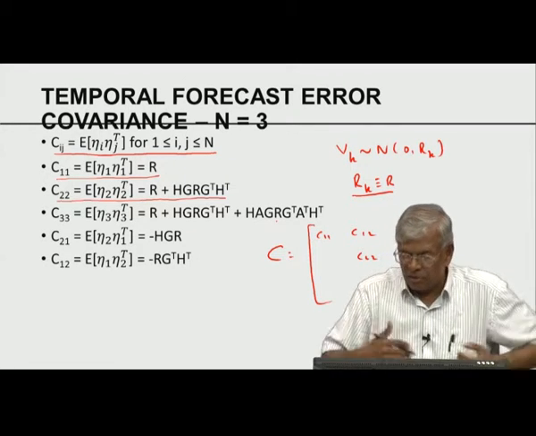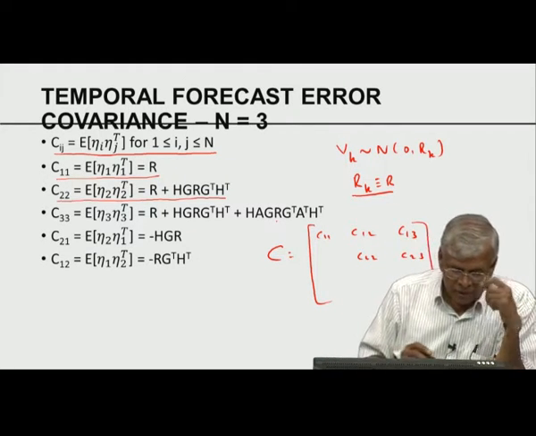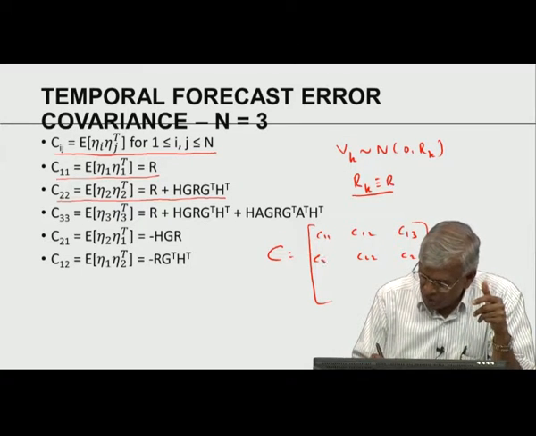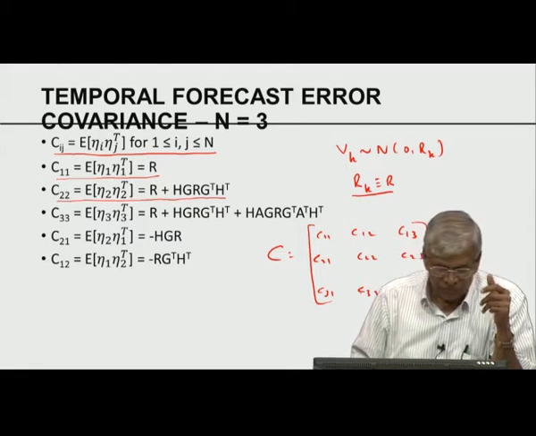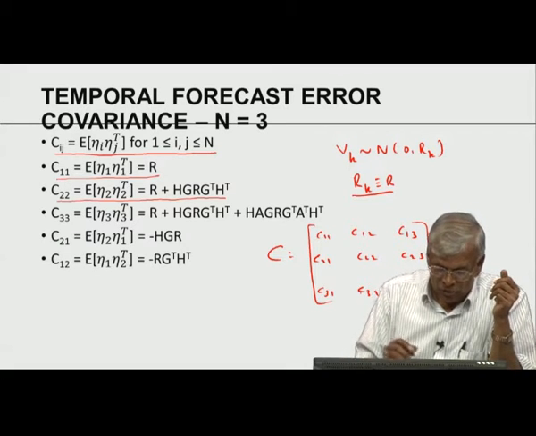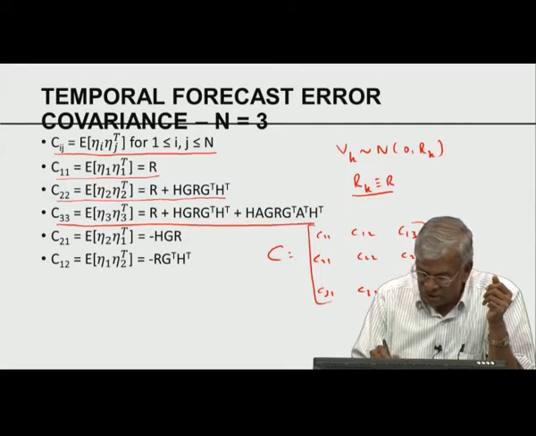Because it is symmetric, I don't have to worry about the bottom part, but I can continue with C21, C31, C32. So I am going to compute all of these elements. You can see I have computed all of these elements like this.